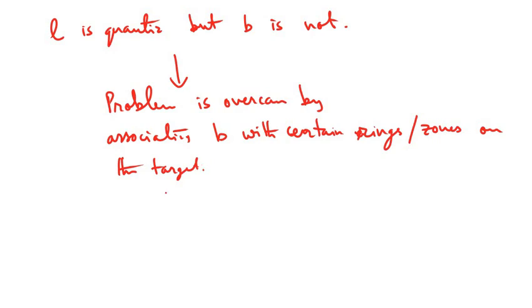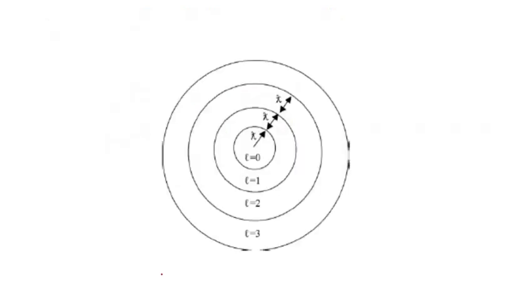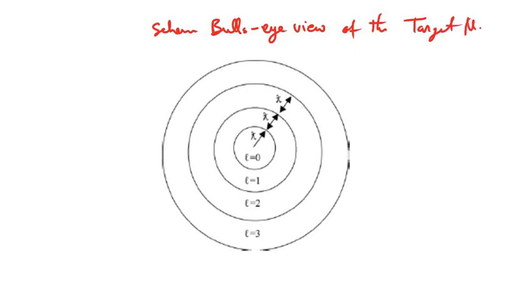Let me show it to you. This is basically a schematic bullseye view of the target nucleus. So what is happening?